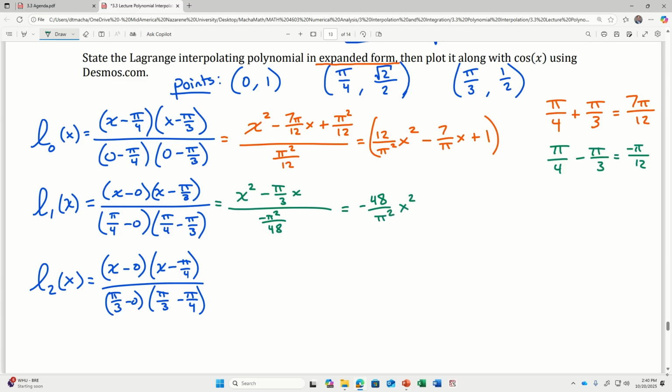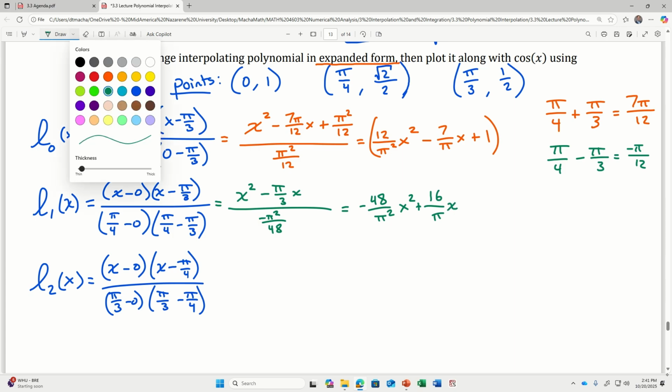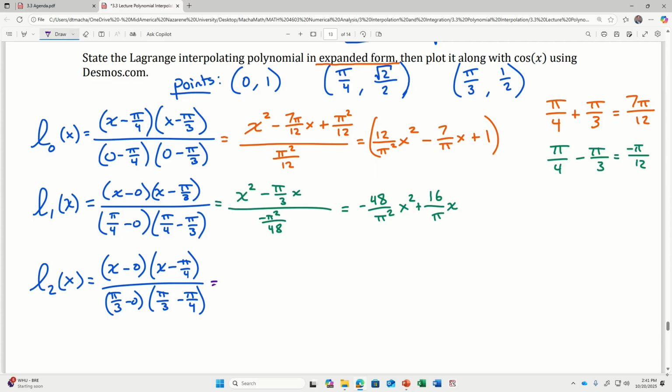Whew. And then 2 negatives make a positive. One of the pi's is going to cancel. And it's going to be like, it's 48 over 3, 16 over pi x. Almost done. Getting real close.